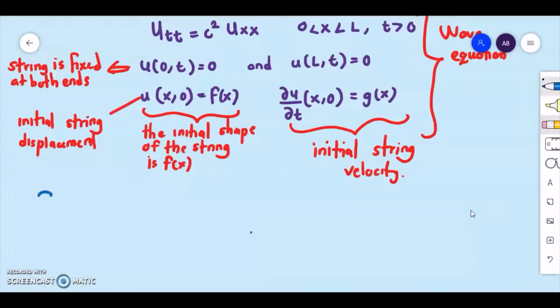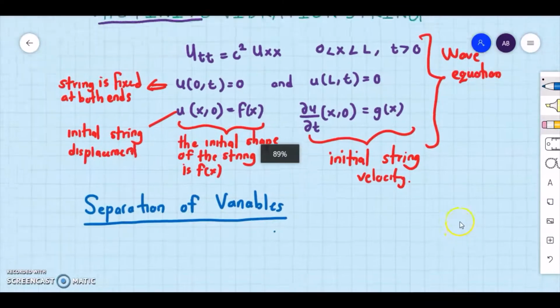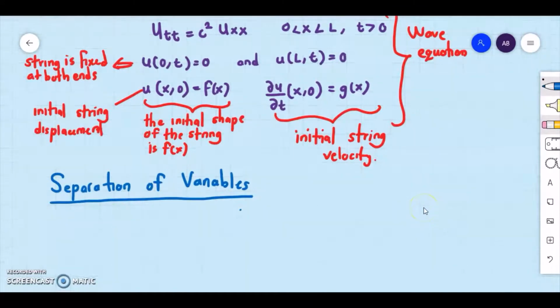We're going to use a technique called separation of variables. If you remember in your ordinary differential equations, you separate the variables to solve it, right? The same approach we're going to use here.